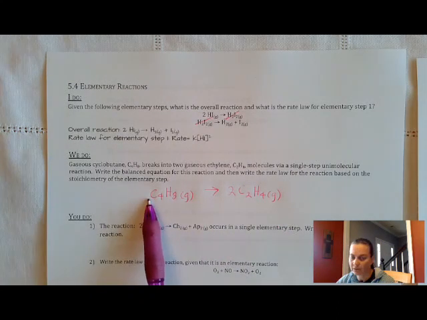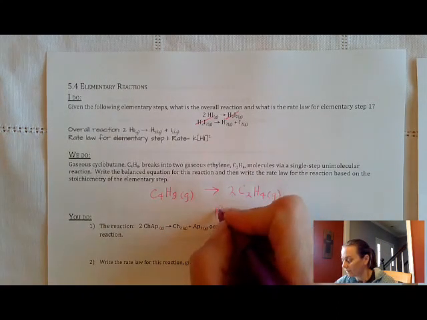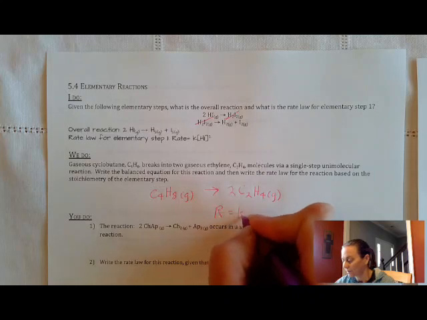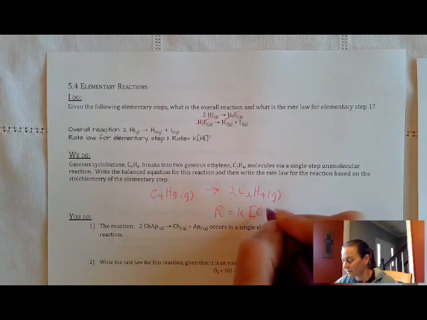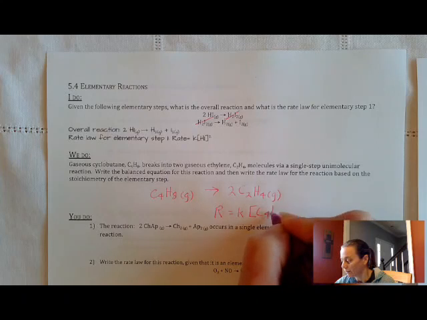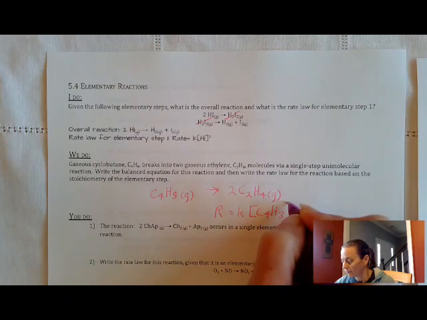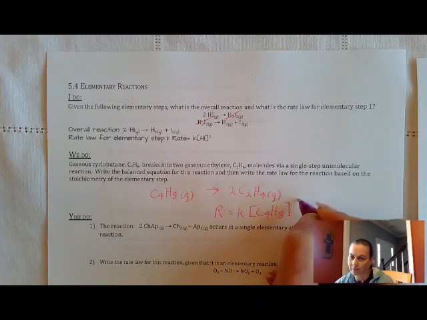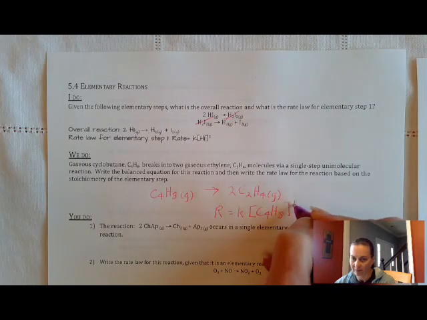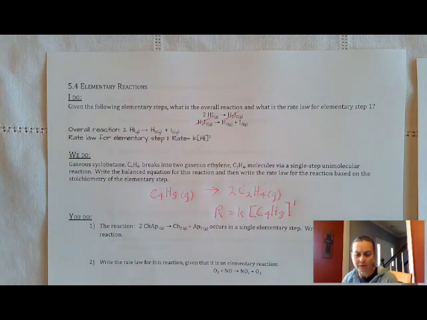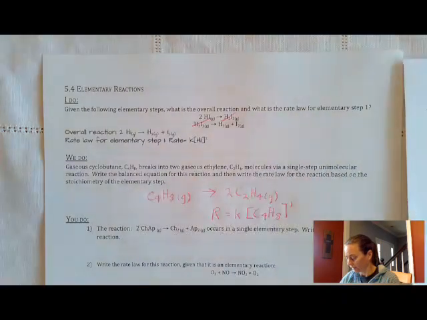The coefficient of this is 1, so my rate law is going to be rate equals some constant k times the concentration of the cyclobutane raised to the first power. And we can write the 1 or we can leave it out. So pretty simple and straightforward. I think you guys can manage this.